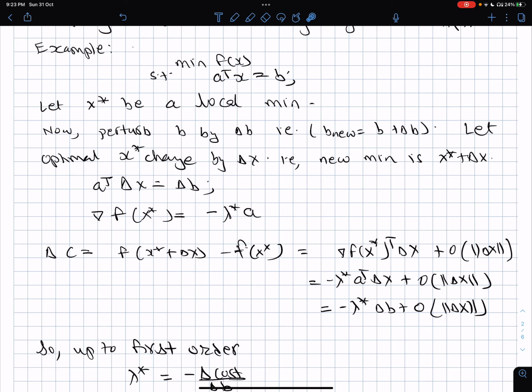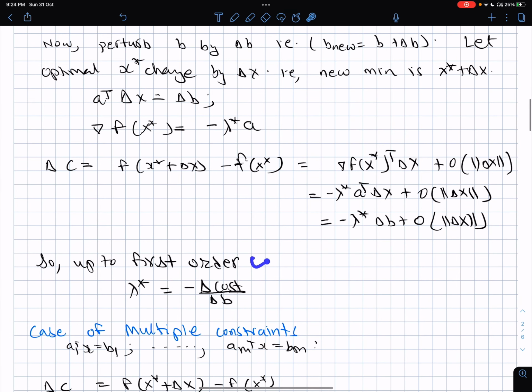Now for the gradient vector here, we can substitute the transpose of this, so minus lambda star A transpose delta x plus this first order error term. This can be written as minus delta b.